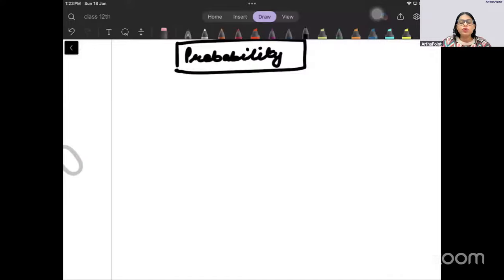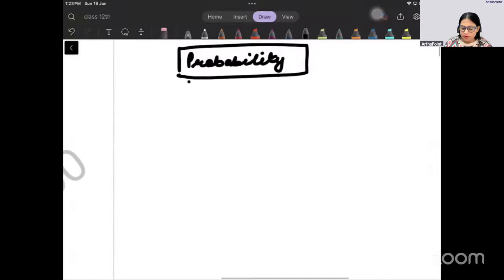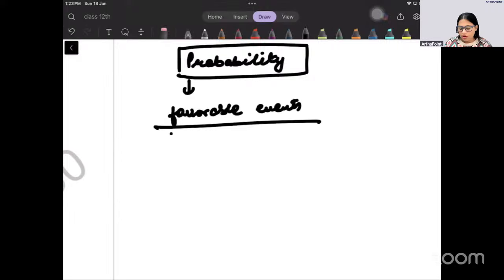First of all, let's understand how to find the basic probability. Whenever we have to find basic probability, it is the number of favorable events upon the total number of events. This is the foundation of probability.